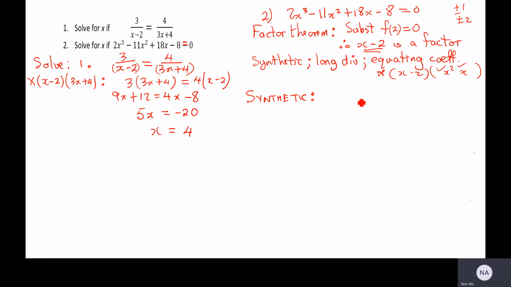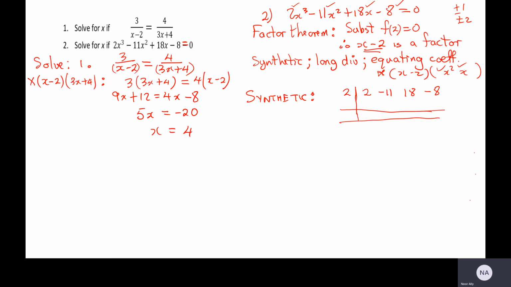So my synthetic division: vertical line on the left, I'm going to put 2. On the right, are they in decreasing powers? Yes. Is any power left out? No. So that's 2, minus 11, 18, minus 8.